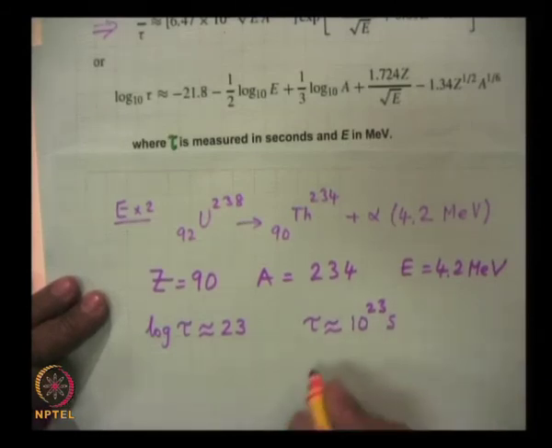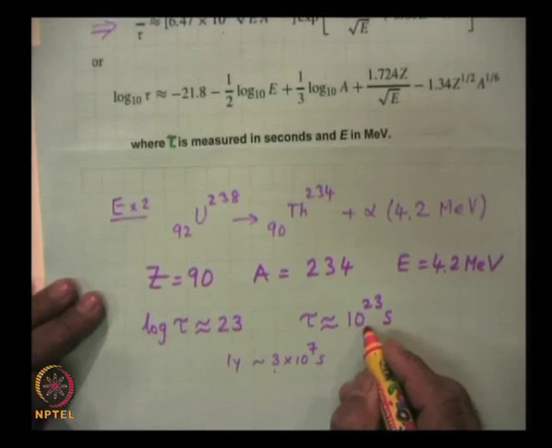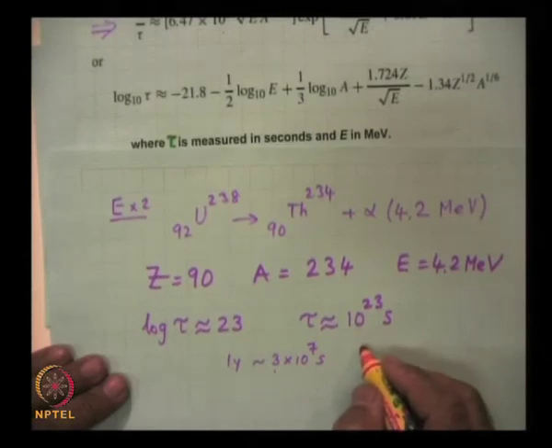You must also all know that 1 year is about 3 into 10 to the power of 7 seconds. The best way to remember that is 1 year is about pi times 10 to the power of 7 seconds. So, this is 10 to the power of 16 years.